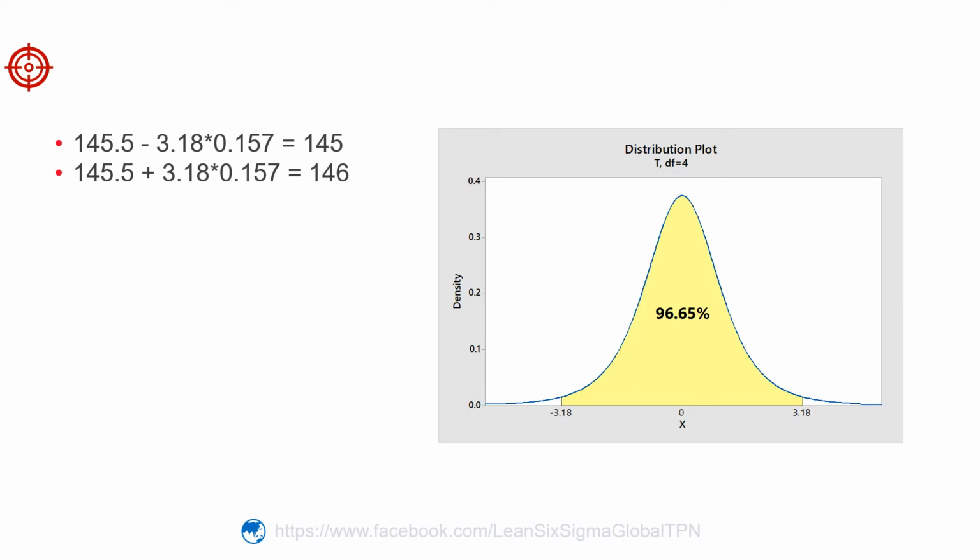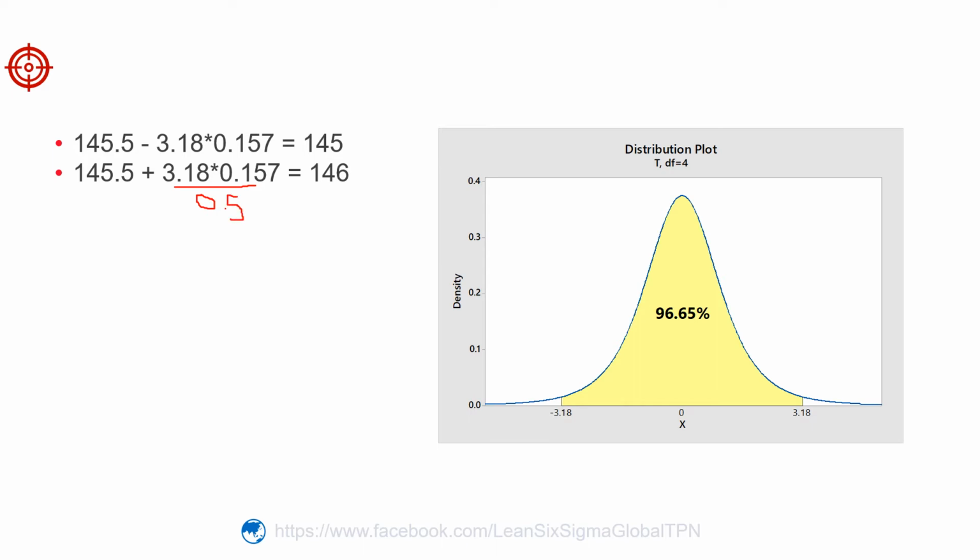So how precisely can we estimate the new process mean? Based on the t-distribution with 4 degrees of freedom, we know that in 96.65% of samples of 5 phones, the sample mean should be within 3.18 sample standard errors of the population mean. Multiplying 3.18 by the sample standard error of 0.157, we get 0.5.